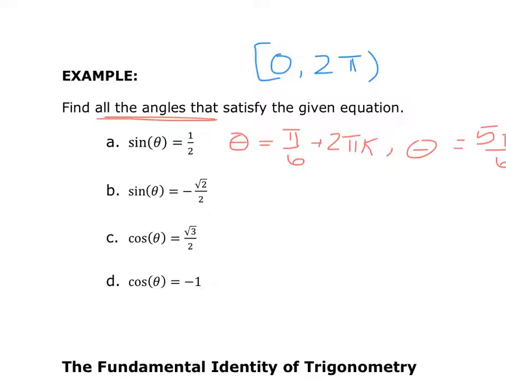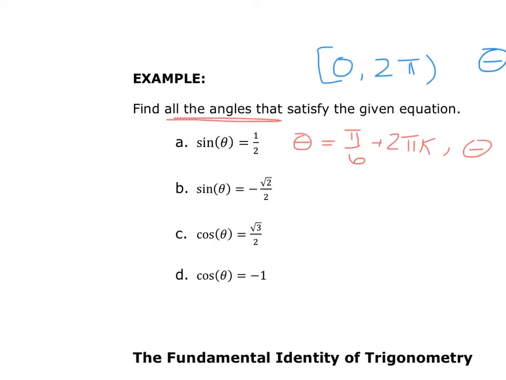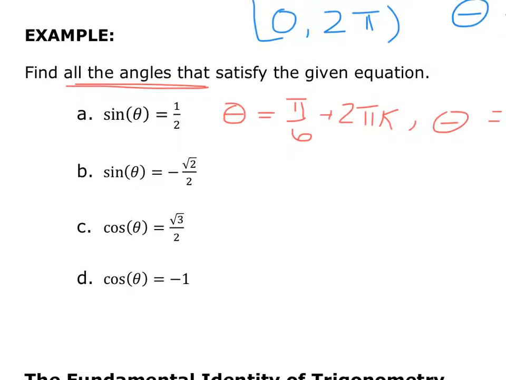If it asks for all the angles that satisfy it in the interval from 0 to 2 pi, my answer would have been simply pi over 6 and 5 pi over 6. So you really have to pay attention to what the directions are asking you. Do they want every coterminal angle, or just certain angles within that rotation? Does that make sense? So go ahead and solve the rest of them in radians, please.